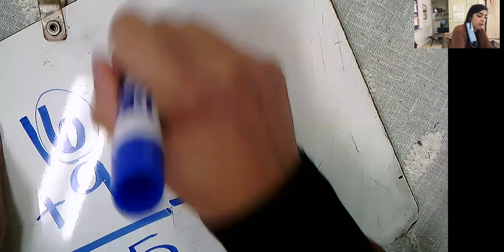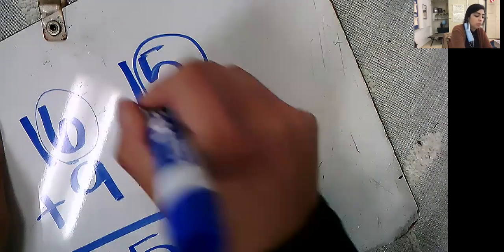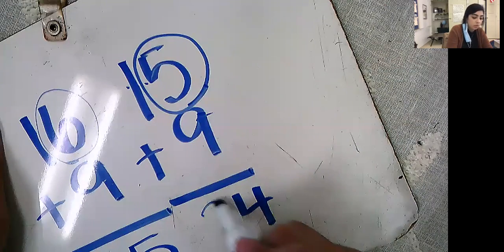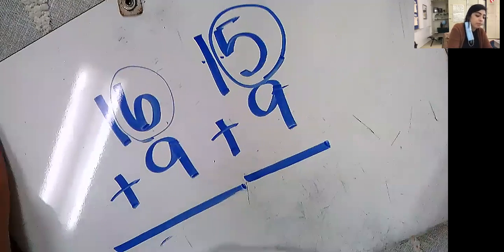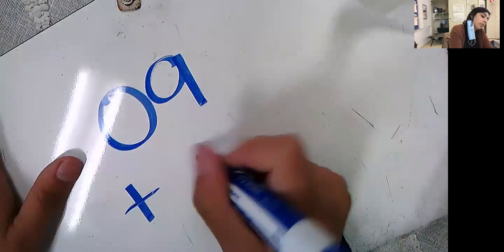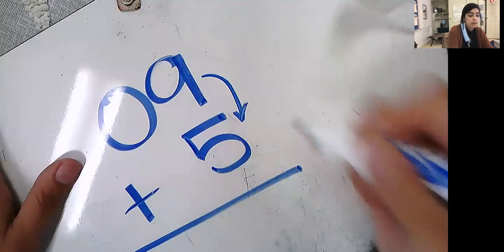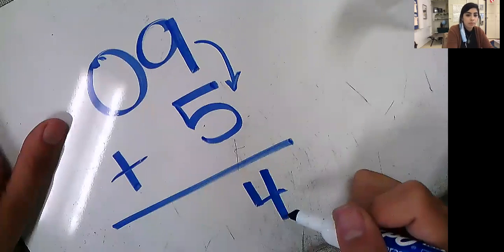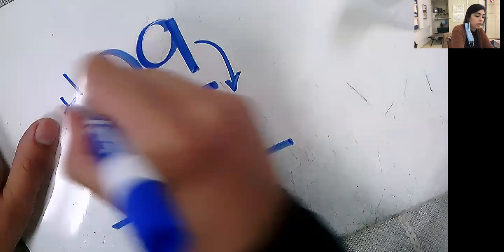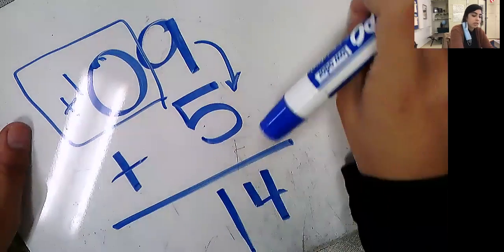What's 1 less than 5? 4 plus 1, it's 2. Okay, so we're going to do the same thing. 9 plus 5. What's 1 less than 5? 4. And then you add 1 over here. So it's 14. You see that?